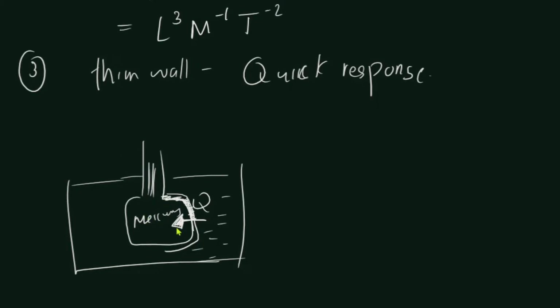Only when heat is absorbed by the mercury column will it start to rise. So if the wall is quite thick, it will take a longer time for the mercury to heat up and show a response. Therefore, in order to have a quick response, the presence of a thin wall is very important, right?